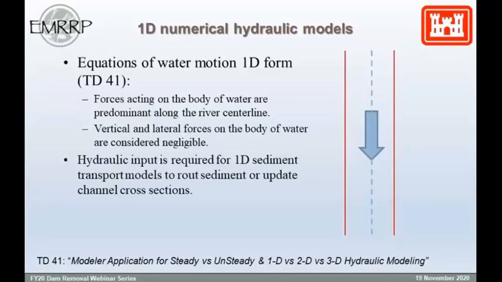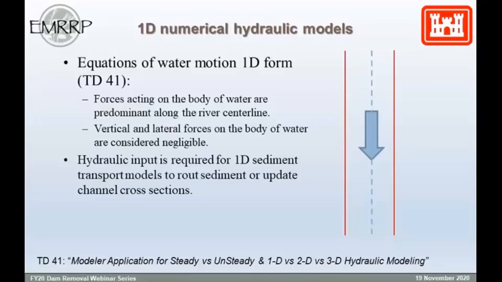I just want to bring up, if any of you are interested in knowing more about differences between one-dimensional models versus two-dimensional or three-dimensional models, there's a training document that was recently published by the Hydrologic Engineering Center in collaboration with the Coastal Hydraulics Lab. It's a fairly useful document that provides very good information that might help you identify when one model might be better than the other.